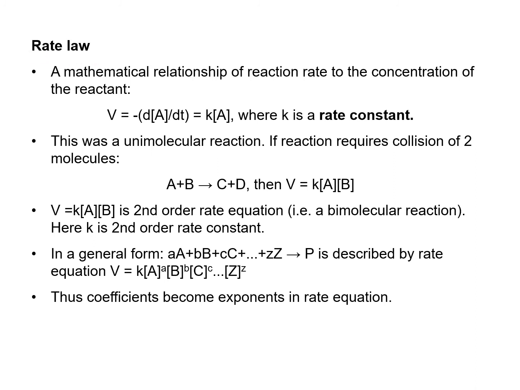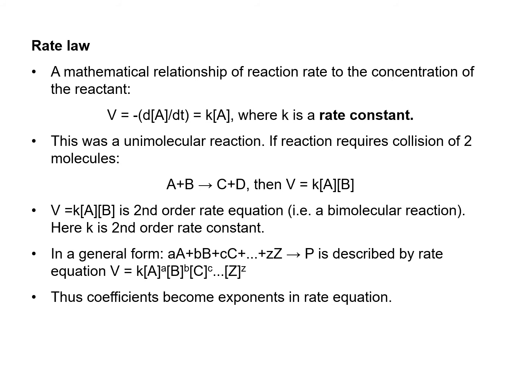Rate law describes a mathematical relationship of reaction rate or velocity to the concentration of the reactant. So for the reaction A becomes P, V, the velocity or rate, will be the minus differential of the concentration of A, which equals the product of k and the concentration of A, where k is a rate constant. And this particular reaction was a unimolecular reaction where one molecule was used as a reactant.